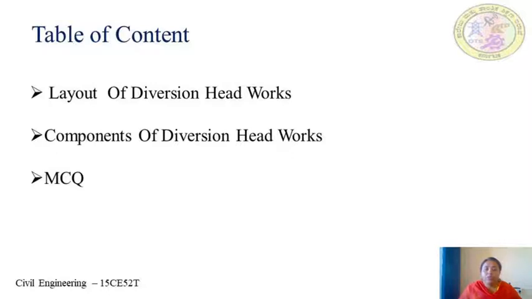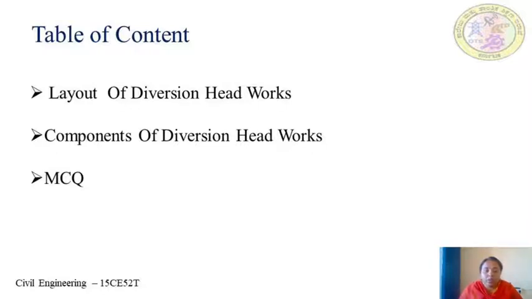The second part of the content is regarding the components of diversion headwork. What are the functions of these components, that is weirs, divide walls, under sluices? For example, fish ladders are generally used for the migration of fishes, and canal head regulators are used to control the flow of water into the canals.